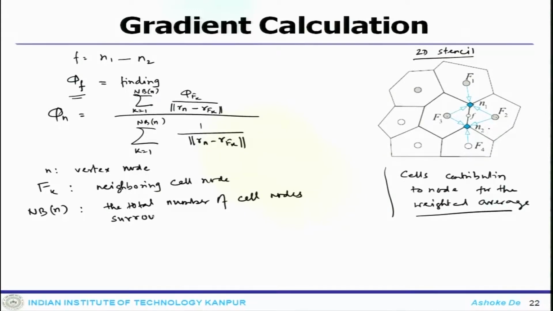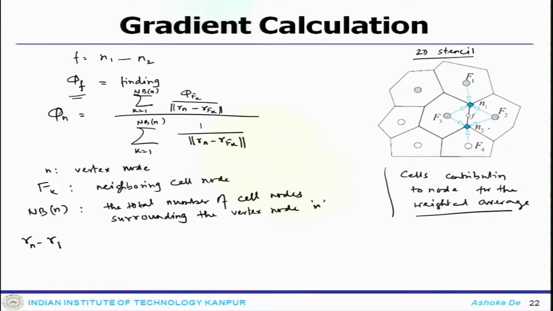So essentially you get all this information at the vertex node n.